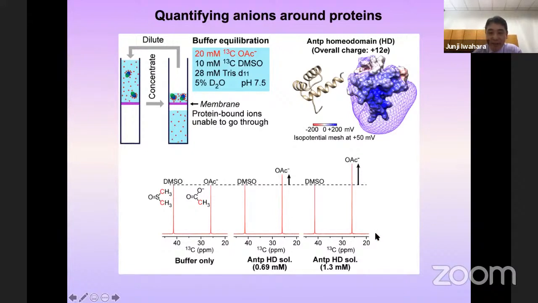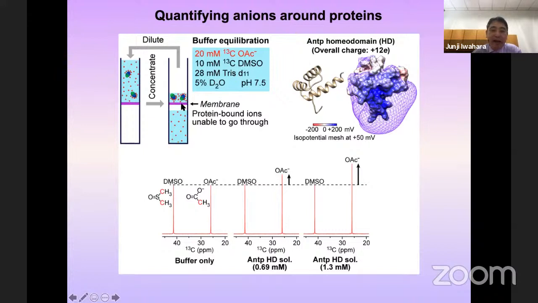The reason is quite simple. Here, the concentration of protein is in the millimolar range, and the concentration of acetate in the buffer is 20 millimolar. So when proteins accumulate ions, those accumulated ions can contribute to the increase in the overall concentration of acetate.